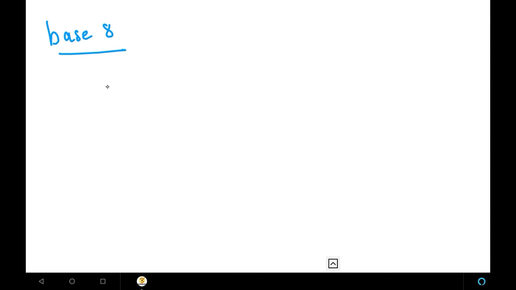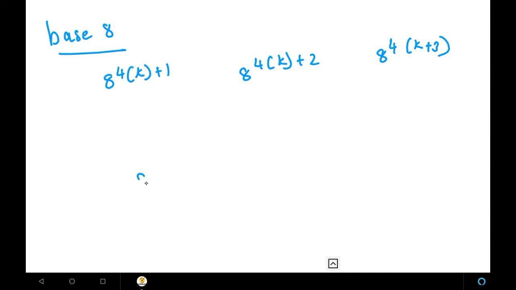So again I have to write this in the form of 8 power 4 into k plus 1, 8 power 4 into k plus 2, 8 power 4 into k plus 3 and 8 power 4 into k plus 4.